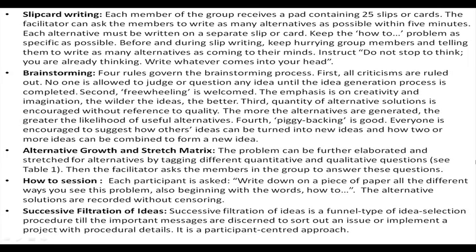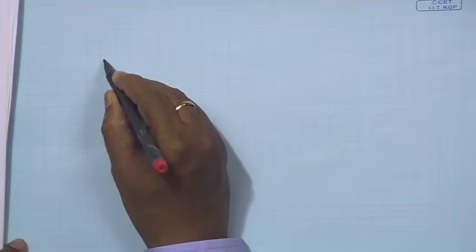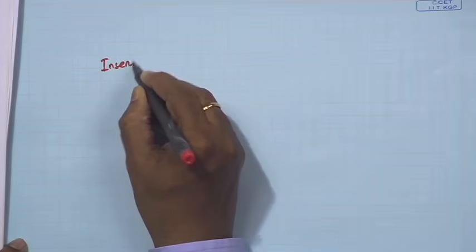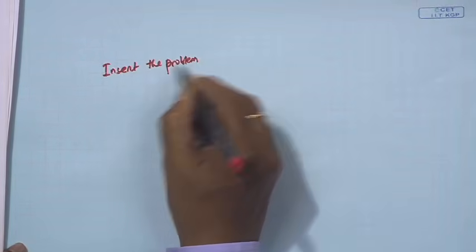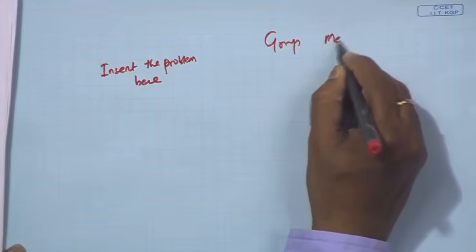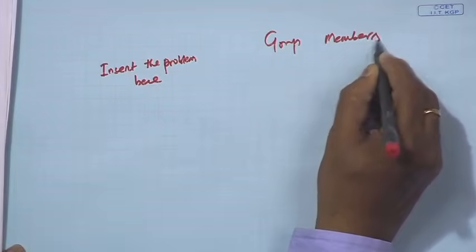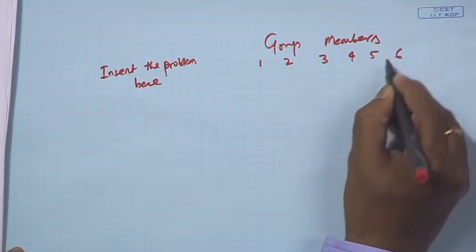So, it says like this, the alternative is written that you insert the problem here. Then there are group members, who are 1, 2, 3, 4, 5, 6.